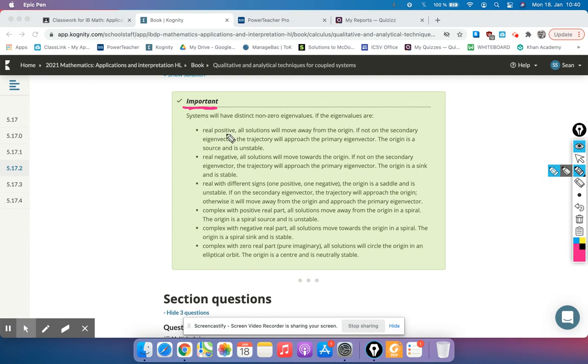So real, positive: if the eigenvalues are both real numbers and positive, all solutions will move away from the origin. And this origin is called a source. I don't know if you have to know that. I haven't seen exam questions where they make you memorize what these are called.